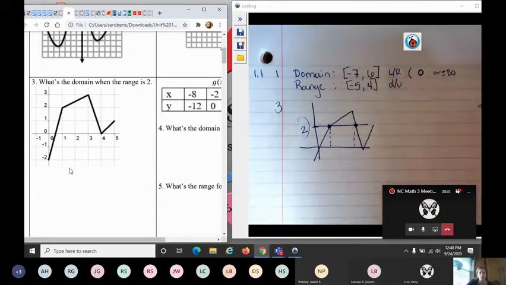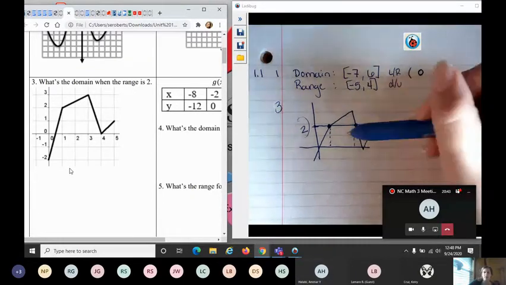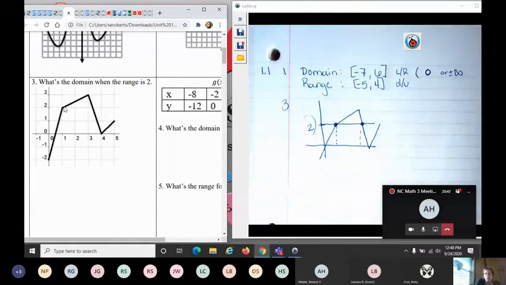Okay, so let's see. Amar, are you there? Yes. Okay, so Amar, it's very unclear on the graph that I drew, but on this one, could you guess what x value corresponds to this particular y value right here, where the y value is 2? What's the corresponding x?